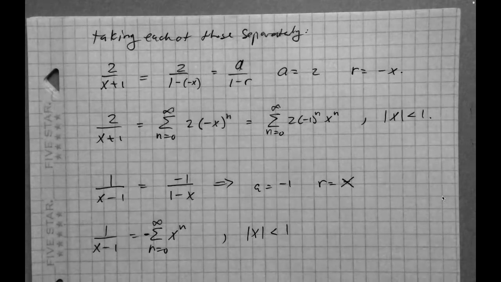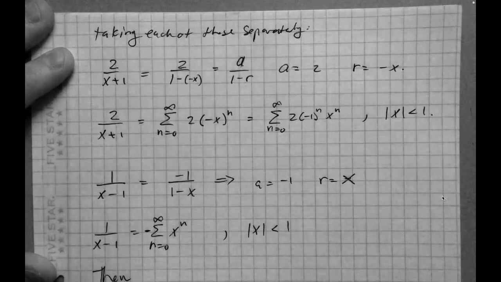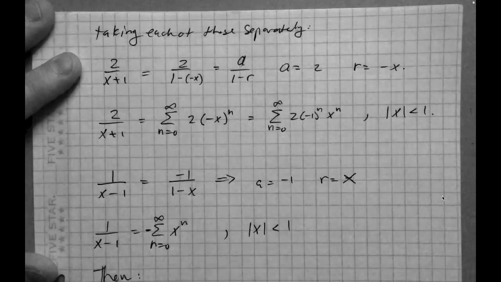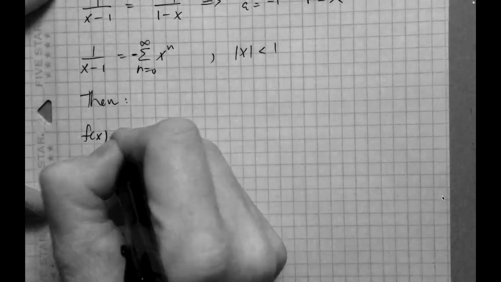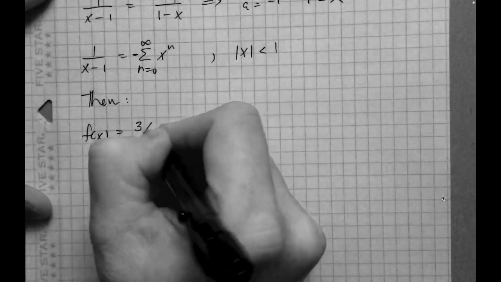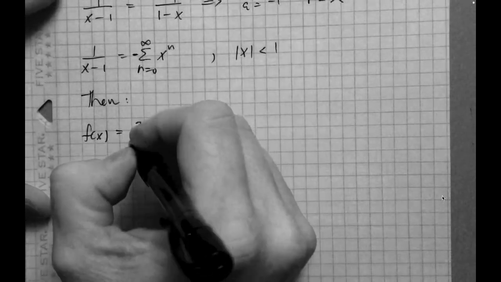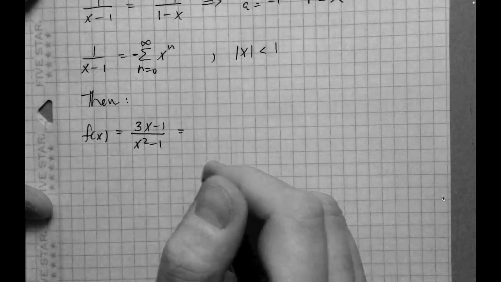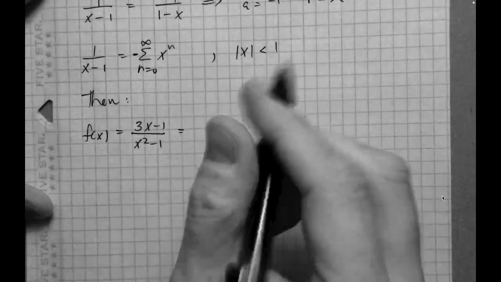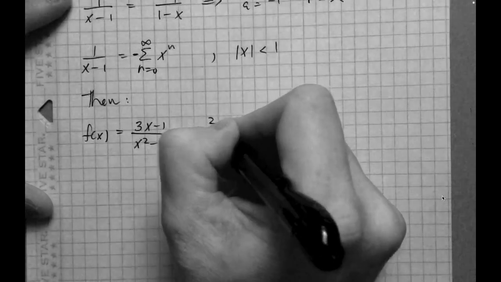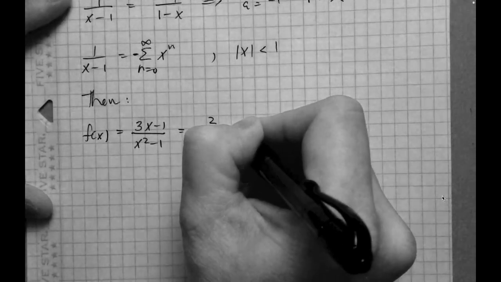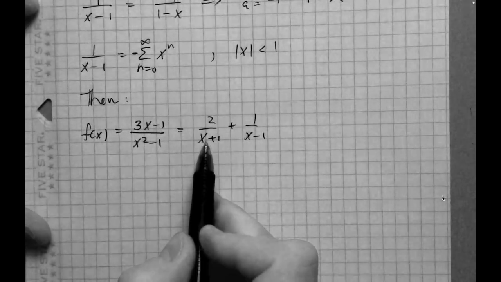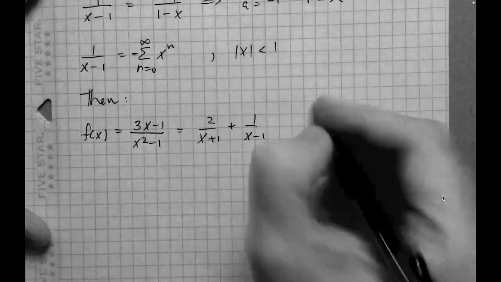Okay, and so I can add them together. So then what we would say is the original function, f of x, was equal to 3x minus 1 over x squared minus 1, which we saw could be decomposed using partial fractions into 2 over x plus 1 plus 1 over x minus 1, right? And then each of these separately we found a series for above.